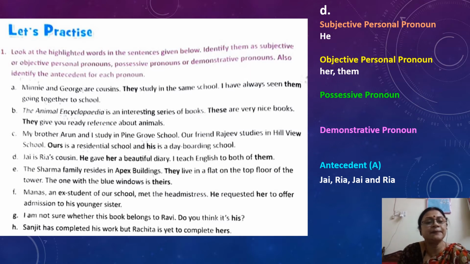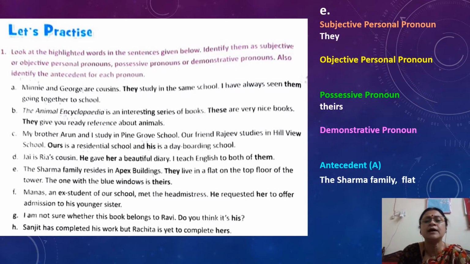Number E. The Sharma family resides in Apex building. They live in a flat on the top floor of the tower. The one with the blue windows is theirs. The highlighted pronouns are they and theirs. Let's move to the answer.